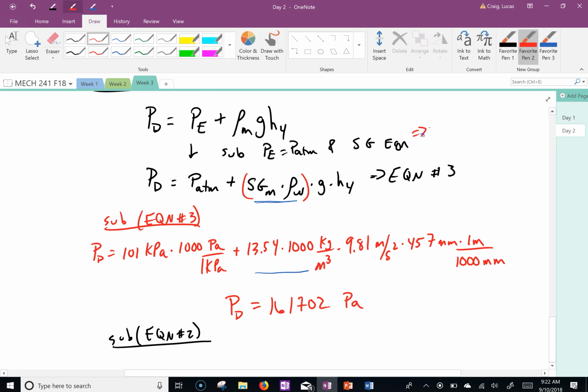So technically, what's the specific gravity equation? I'm actually glad you did this. It would be density of mercury over density of water, right? So Jerome asked this question, should we write that? And actually, that's good. You should write that right now, every time you do your homework, to drill that in your head. Later on, you'll remember, as long as we have specific gravity, we can multiply by the density of water, which is 1,000, and get it.